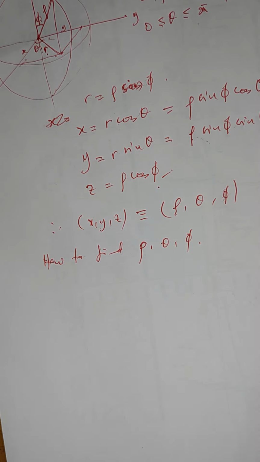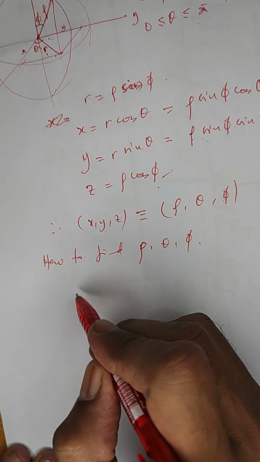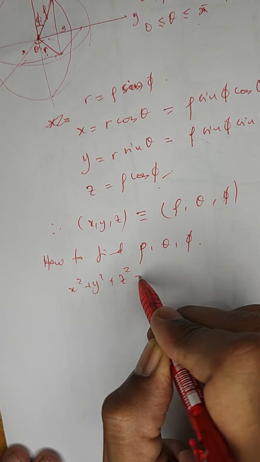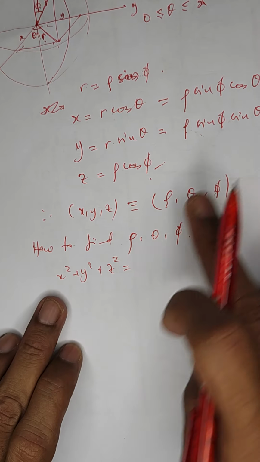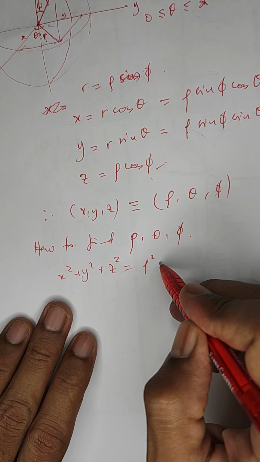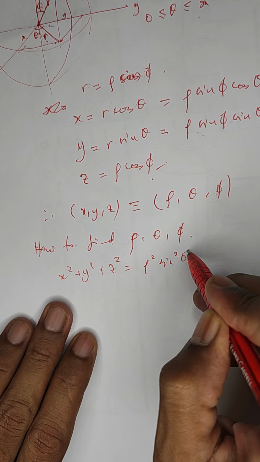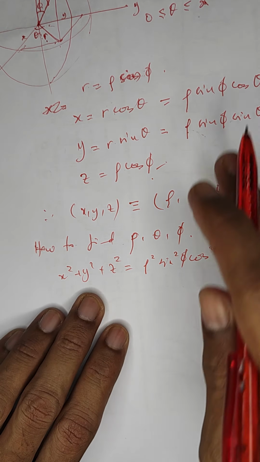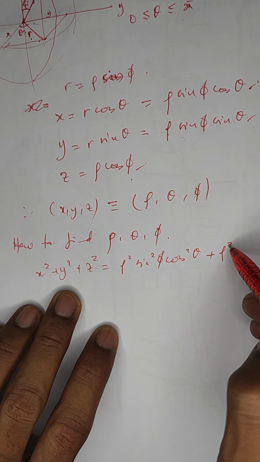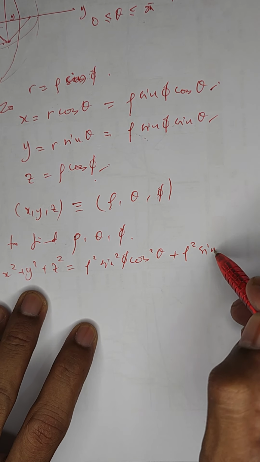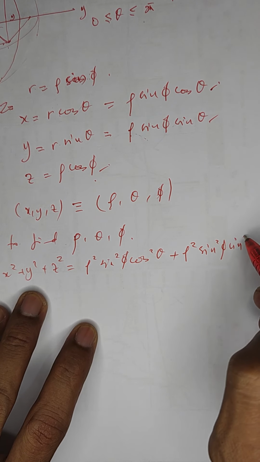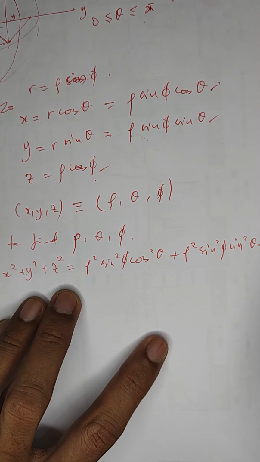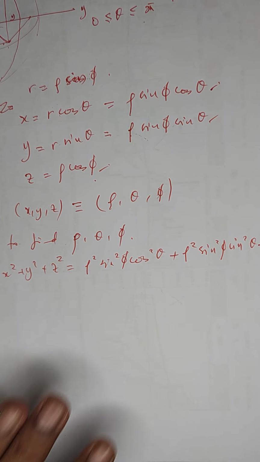You can try that. So x squared plus y squared plus z squared: x squared is rho squared sine squared phi cos squared theta, plus y squared is rho squared sine squared phi sine squared theta, and z squared is rho squared cos squared phi.